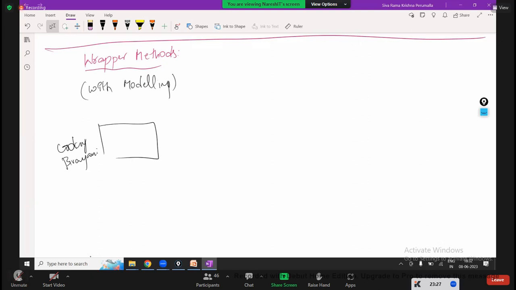If somewhere the taste is not good, what are you going to do? You are going to do the modification, right? In the same way, wrapper methods are also the same. In the wrapper methods, we have one called forward feature elimination. The second one is called backward feature elimination.